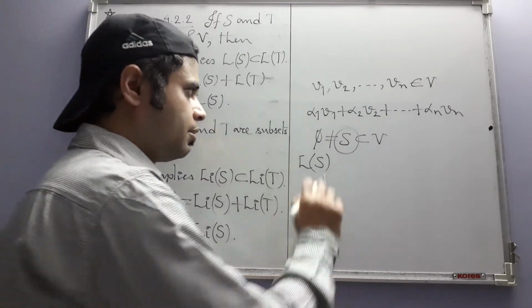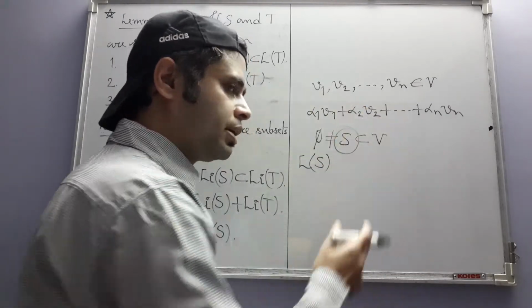That is because linear combination is defined only for finitely many vectors.